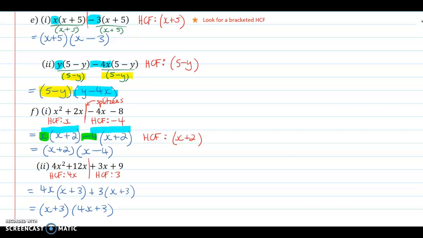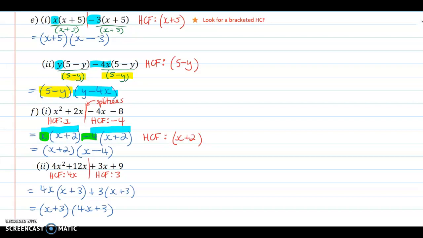Hopefully you saw after you split it down the middle there, I can see that the left-hand side terms have a highest common factor of 4x. And then the right-hand side terms have a highest common factor of 3.